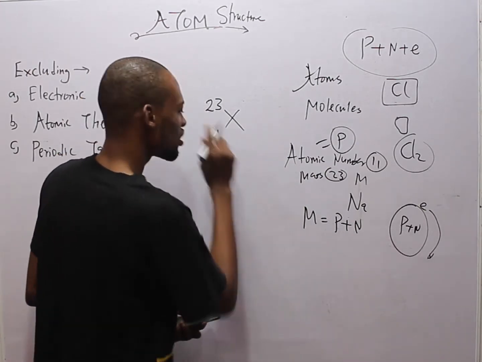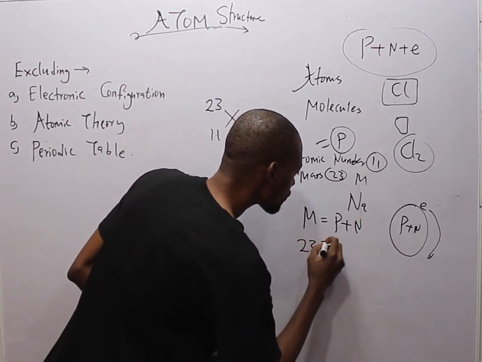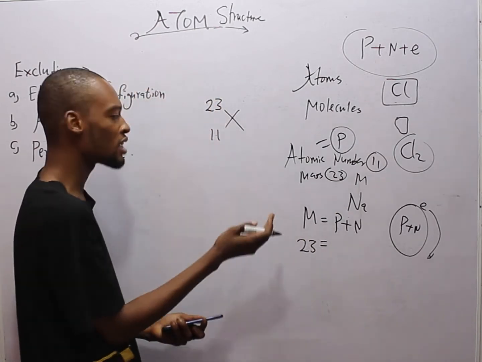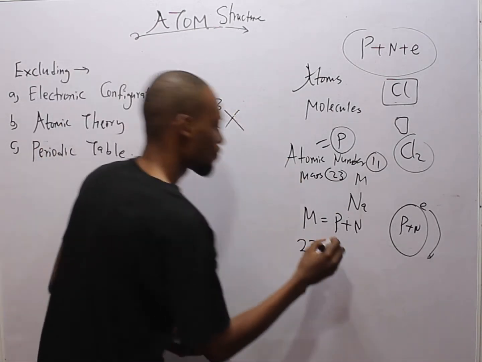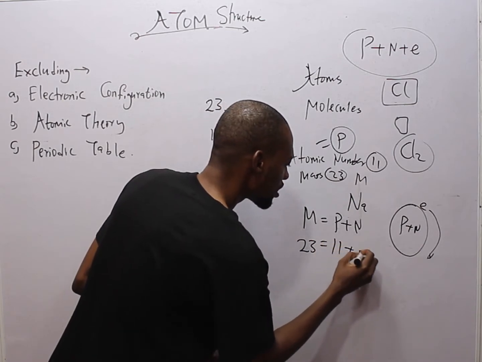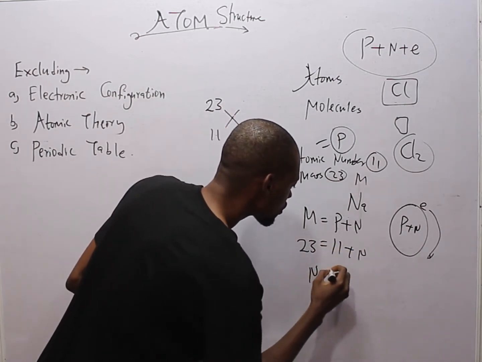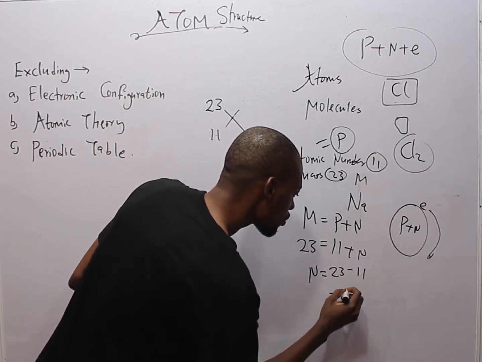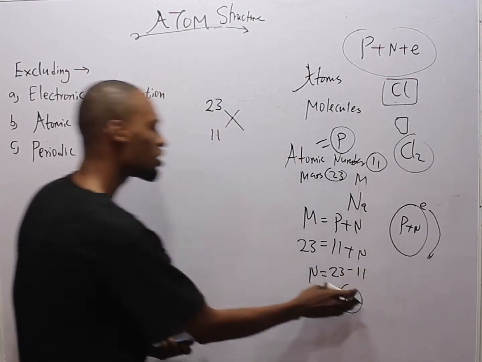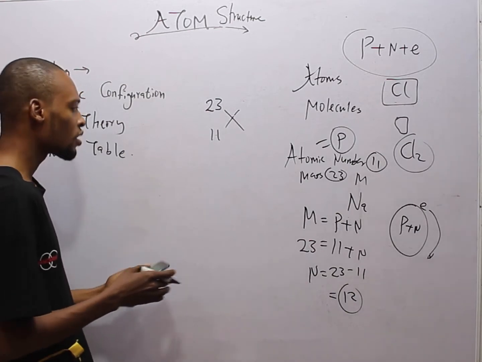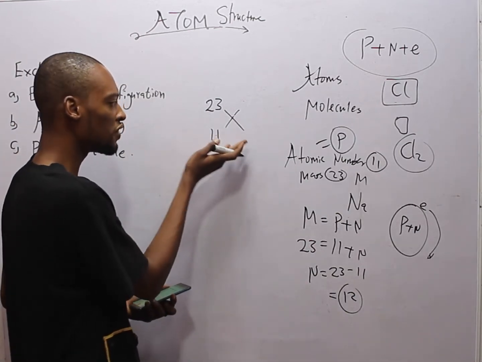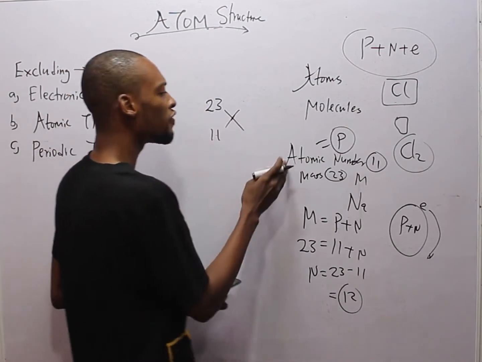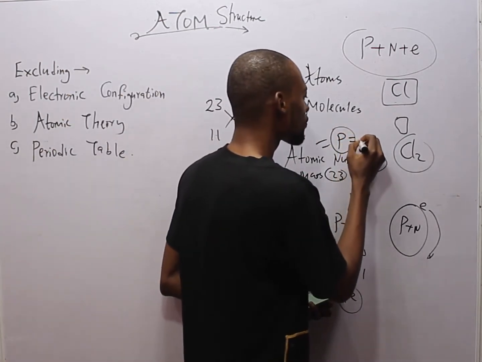Therefore, mass is 23. 23 is equals proton, which is 11, the atomic number because it's a neutral atom, plus n. So n is equals 23 minus 11. This is equals 12. So this is the number of neutron. In this atom, what is the number of electron? Since the atom is neutral, the number of electrons is equals proton.